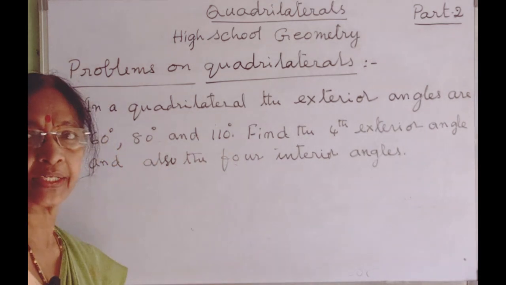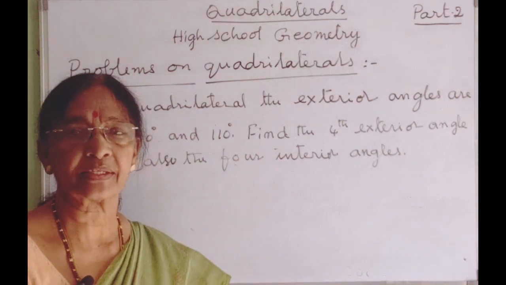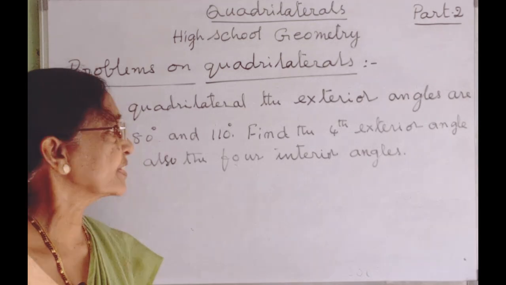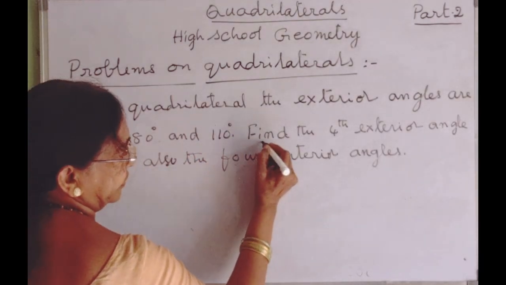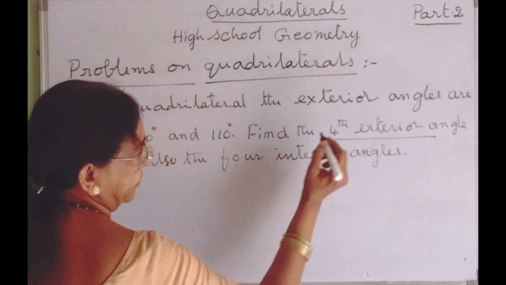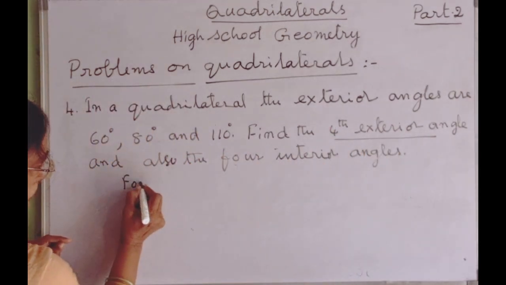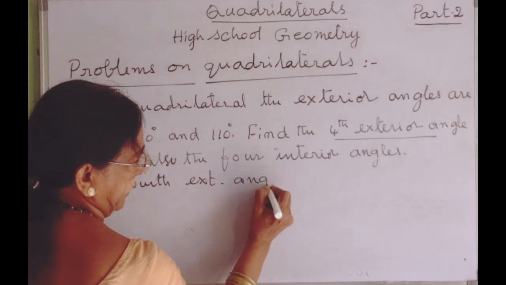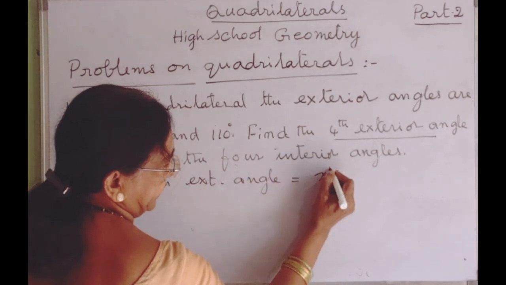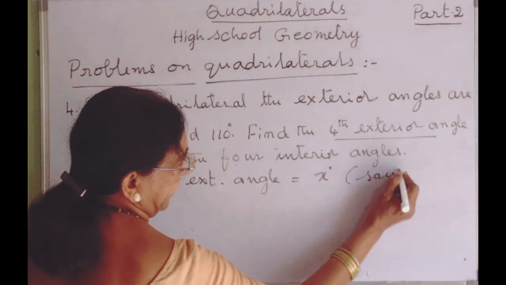So in a quadrilateral, the sum of the exterior angles is also equal to 360. Therefore, let the fourth exterior angle be x degrees, say.